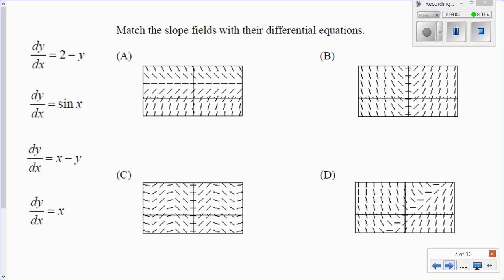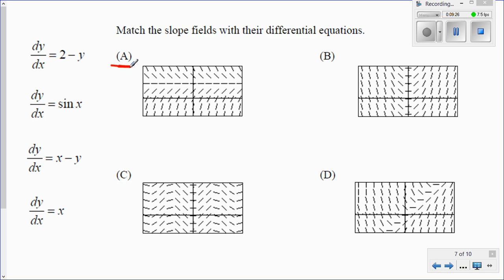Okay, so for instance, let's start with this slope field A. Notice that the tangent lines are the same horizontally. So that tells me we're looking for a differential equation that is in terms of y.